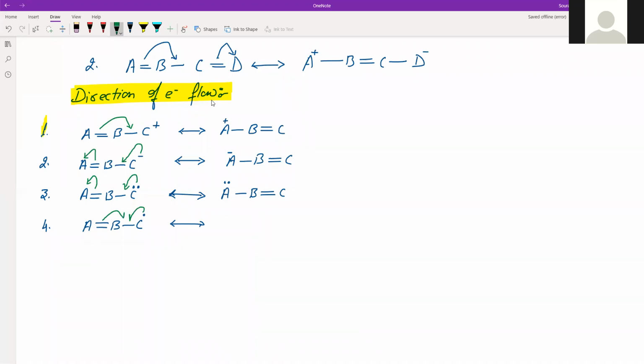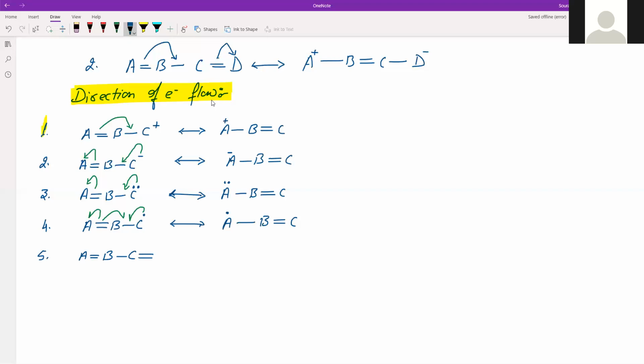So this is 1 electron from the AB bond and 1 electron from C. That will form a double bond here, and the 1 electron which is left here will again go to A. So ultimately on A there will be a free radical, because just one unpaired electron is there, then B double bond C, right?